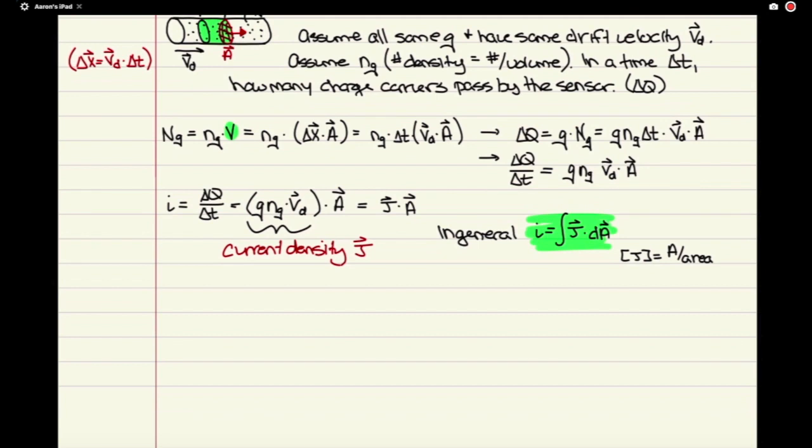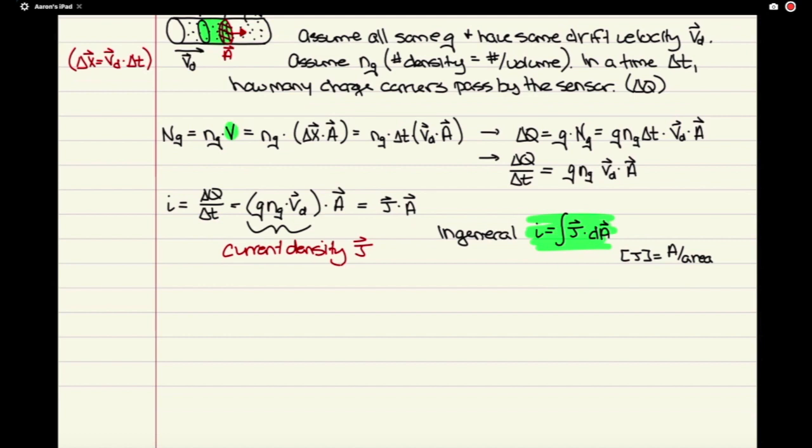Now this is useful because this is connecting something more macroscopic, like the overall current, with what is going on at the microscopic level. You have charges Q that are distributed with some density and are drifting because of some electric field at some velocity, and that is the result of what is creating the current as it goes through your given sensor, whatever that is.